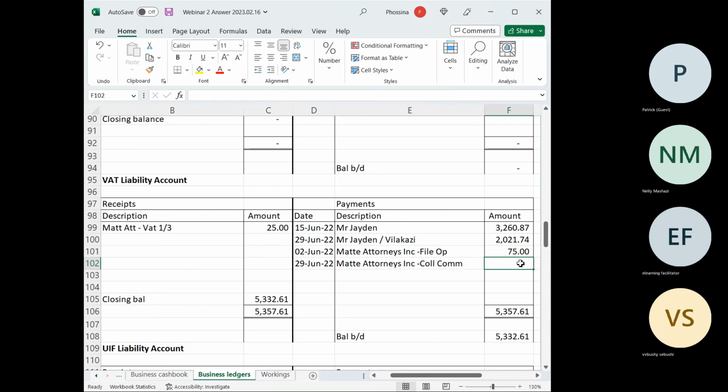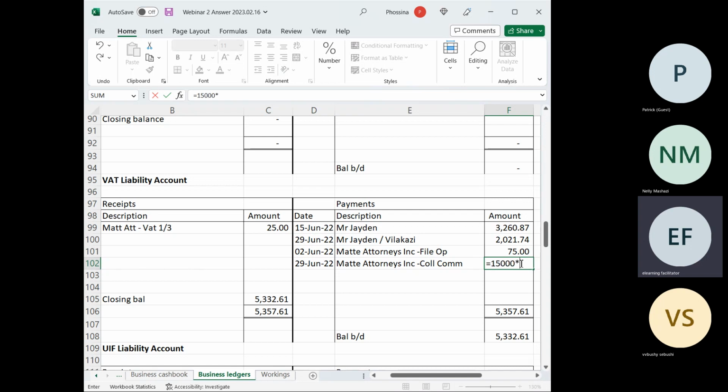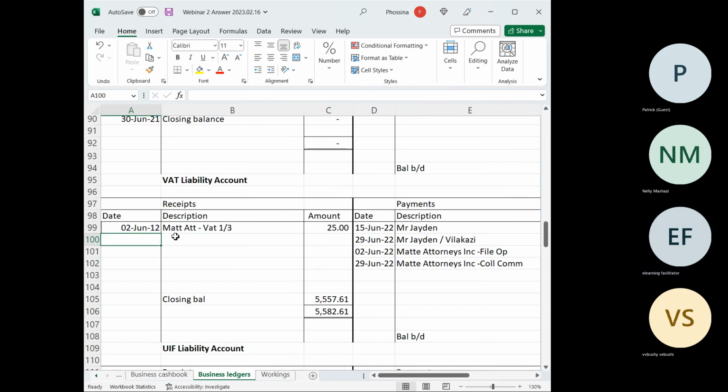And the full VAT, which was supposed to go to SARS, is 15,000 multiplied by 10% multiplied by 15%. That is what was supposed to go. But because we are giving a third to our attorney, they will pay over after they do their own computations.